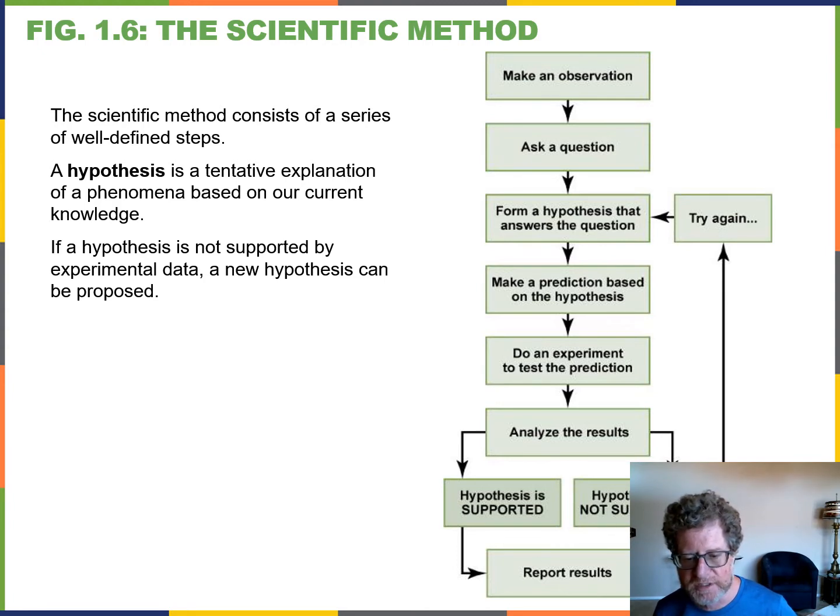You analyze the results. And if the hypothesis is supported, then you can publish and report the results so other people can look at it. If the hypothesis is not supported, oftentimes you can publish your results as well. But you might say, this was my idea, it didn't support my hypothesis, now I have to revise my hypothesis and try again.